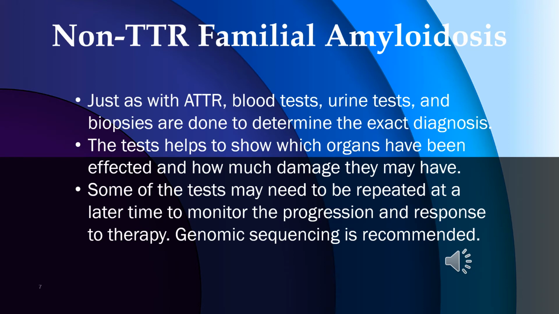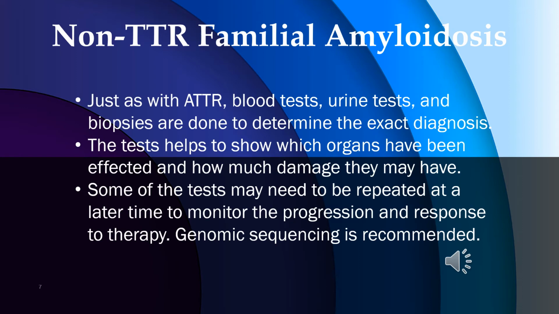And then if they are spilling proteins in the urine, then they start doing a 24-hour urine just to see how much protein they're actually losing in their urine that their body is not retaining. And then just like we talked about with the ATTR, they also do blood tests. They also do the biopsy of the kidney to see what they're dealing with. And they have to do all that to determine an exact diagnosis.